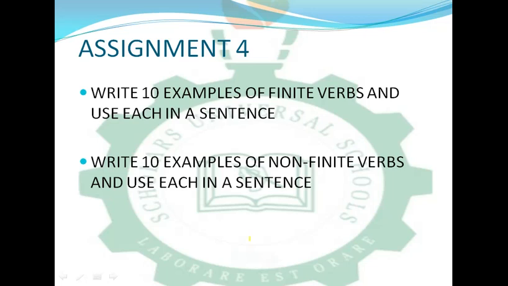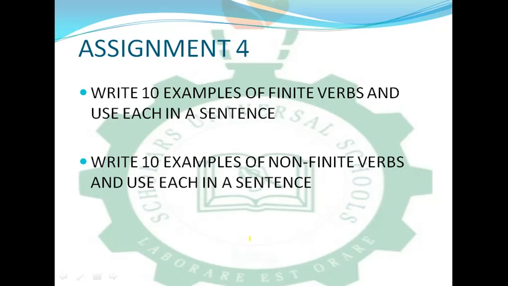Now, assignment. Write 10 examples of finite verbs and use each in a sentence. Clear? Write 10 examples of non-finite verbs and use each in a sentence.